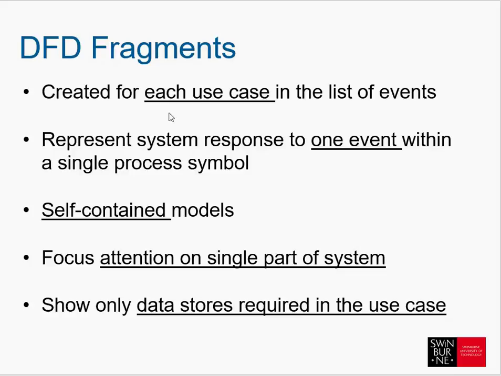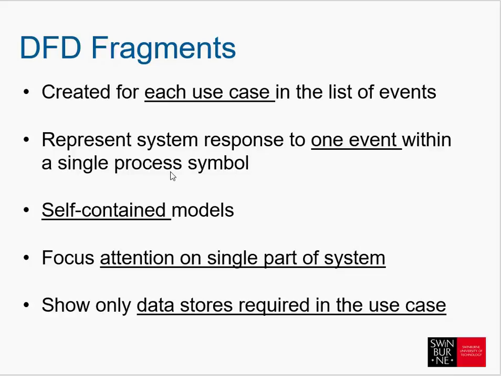So we create a fragment for each use case, for the list of events contained in the event table. Each fragment represents the system response for one single event, by using one single process symbol.